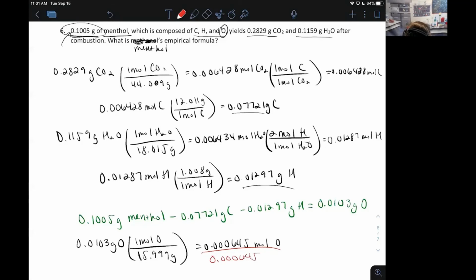0.000645, and what we get is a 10 here, or approximately a 10. We get approximately a 20 here, and we get a 1 here.